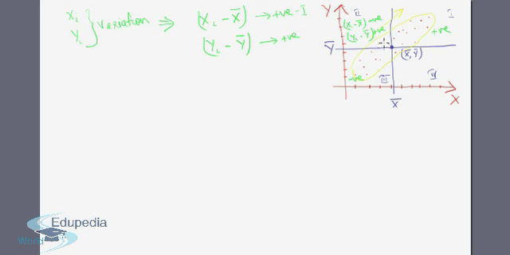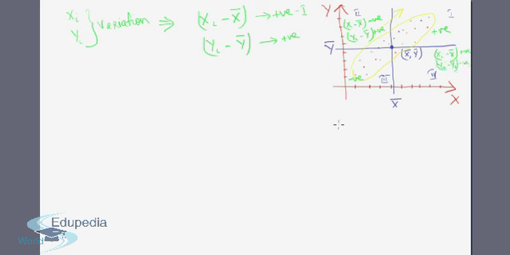So obviously the values are above it, so the values are above the y bar, greater than y bar, therefore they'll be positive, whereas they are on the negative side of x bar, therefore xi minus x bar would be negative. It will just be opposite in case of the fourth quadrant. Your xi minus x bar would all be positive here, whereas your yi minus y bar would be negative.